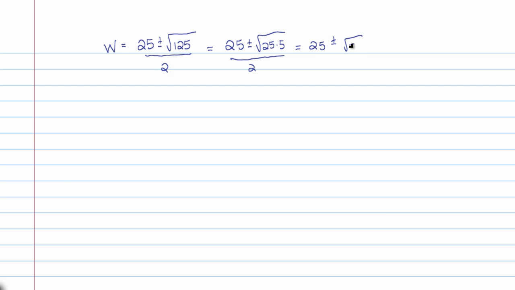And again, if your instructor hasn't talked about breaking radicals like this yet, then don't bother. It's totally okay. You can leave your answer like this. It's totally fine. I'm just taking precautions just in case somebody else has an instructor that's gone through this. Square root of 25 is 5, root 5 all over 2.